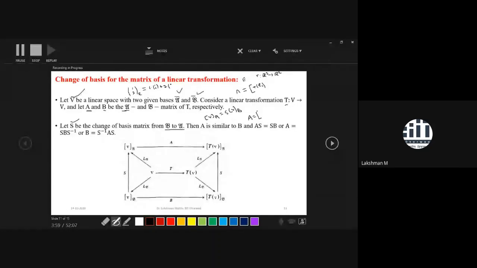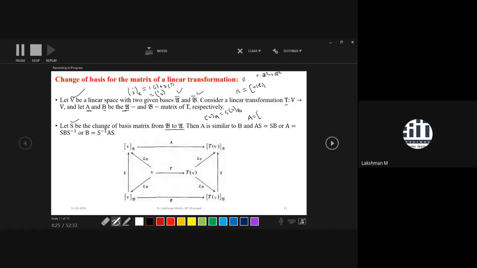If you simplify this, it takes the same form: the coordinate of a vector with respect to a standard basis is the vector itself. So when you find the coordinate of (1, 2) with respect to the standard basis E, it is the vector itself.